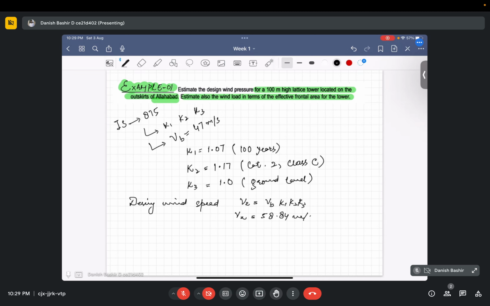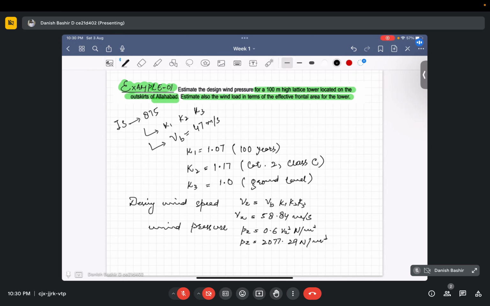So the design wind pressure PZ is 0.6 times VZ square. So plugging in the value of VZ, we get the PZ value as 2077.29 Newton per meter square.